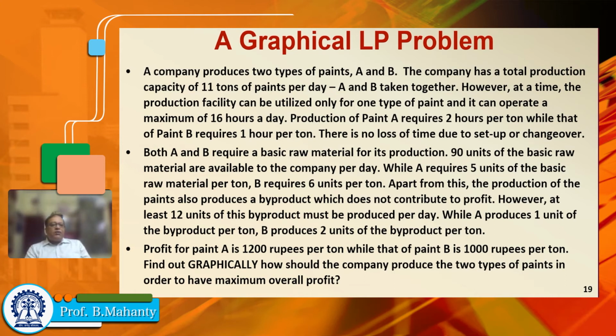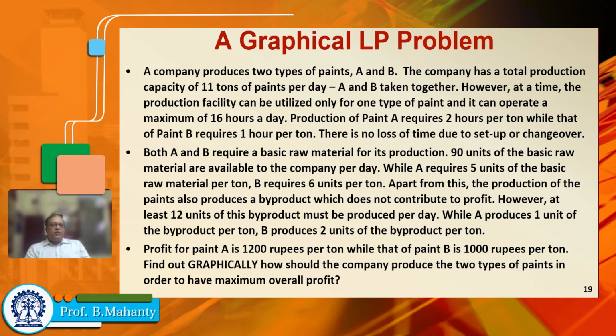However, at a time, the production facility can be utilized only for one type of paint, and it can operate a maximum of 16 hours a day. So that means the total working time is only 16 hours. Production of paint A requires 2 hours per ton, while paint B requires 1 hour per ton.